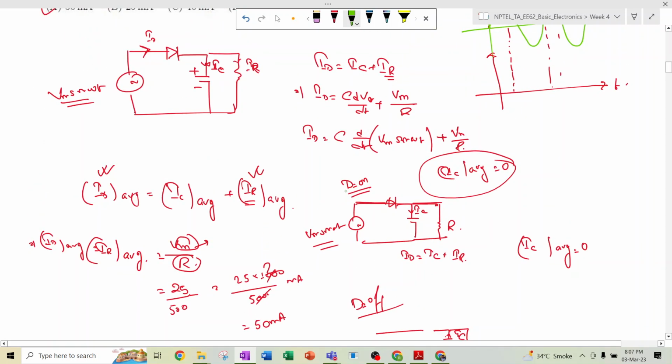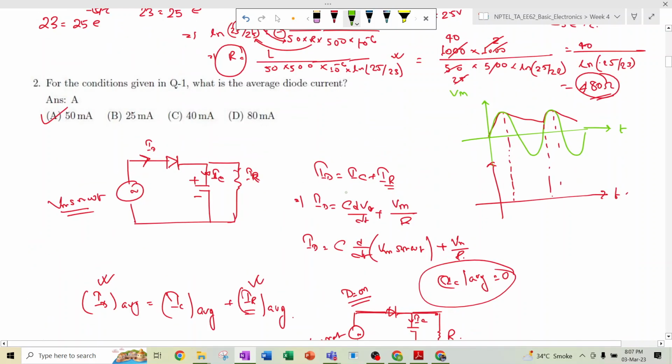So what happened is, there is some current flowing whenever the diode turns on, then the current will flow to the capacitor, and the capacitor will get charged.